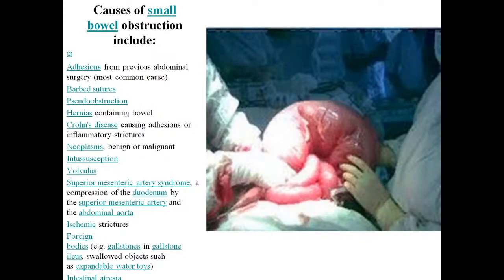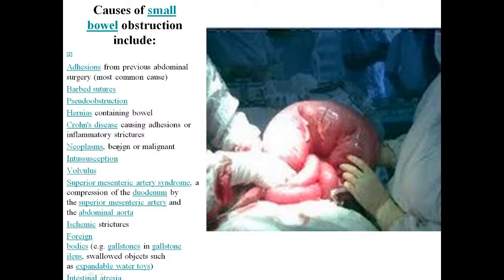Let's see other causes of small bowel obstruction: volvulus, pseudo obstruction, hernias, and Crohn's disease, which leads to the development of adhesions, as do other inflammatory conditions.